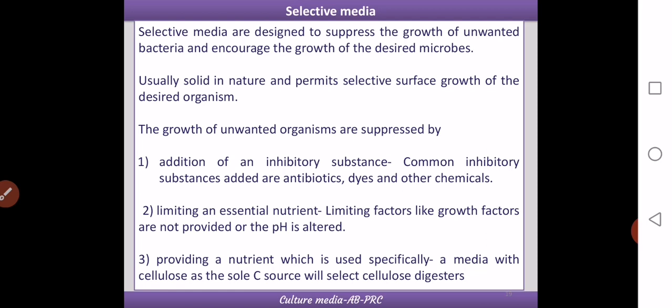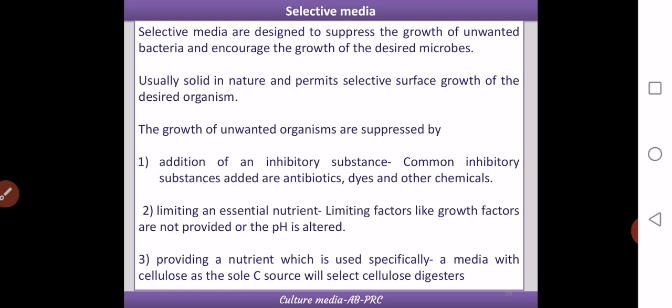And the third pattern we choose is by providing a nutrient which is used specifically, that means we provide a particular substrate that will be used by the bacteria which we want to isolate.